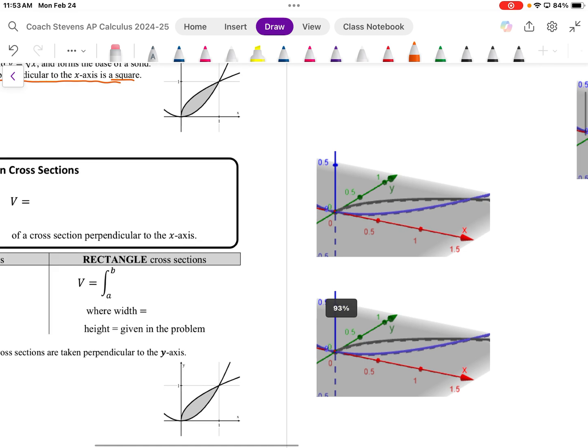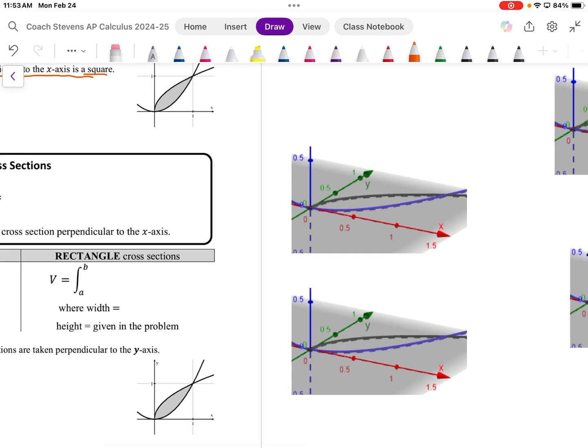Over on the side here, I try to give you a little picture so we can try to draw some. What we've got to imagine, and I'm not the greatest artist, is if I draw a line connecting the two curves, and then try to draw a square from there. We have an infinite number of squares.